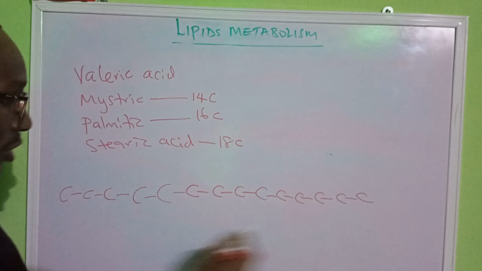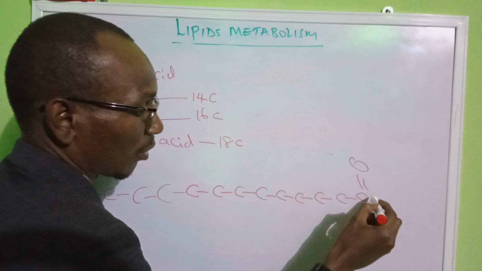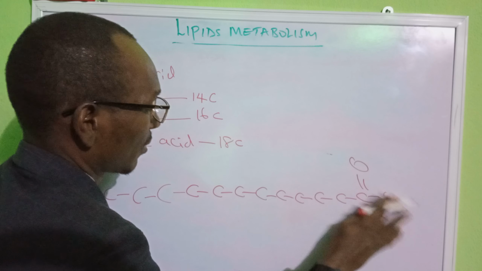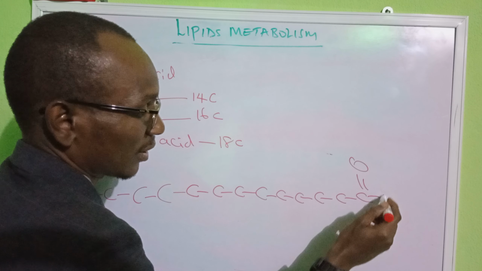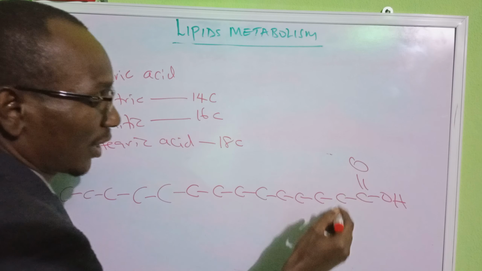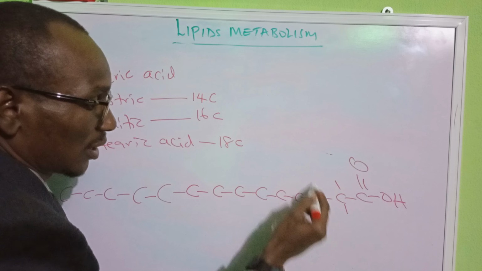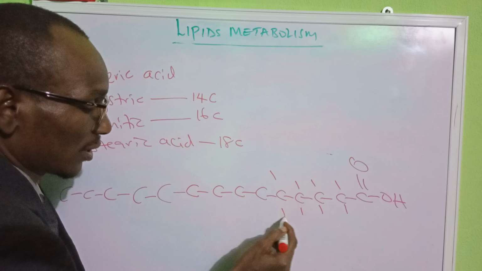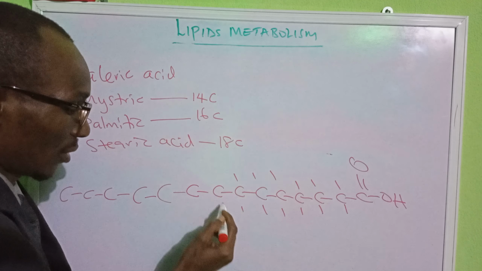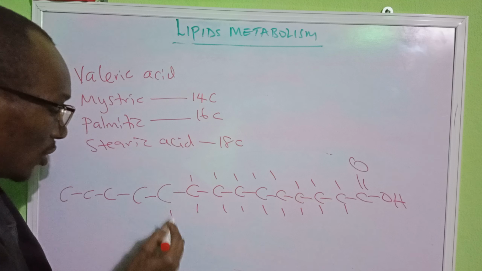Very good. So this is the functional group of the acid, which is COOH. These are the hydrogen atoms attached to the side chain.